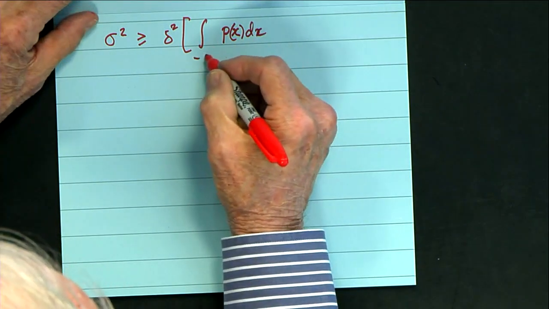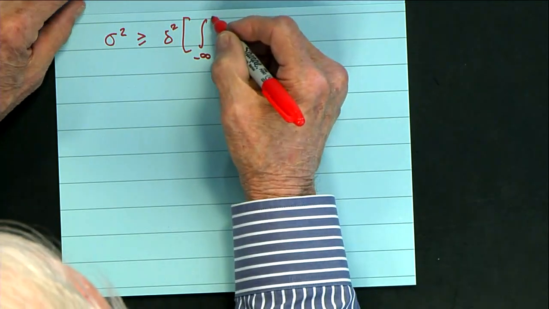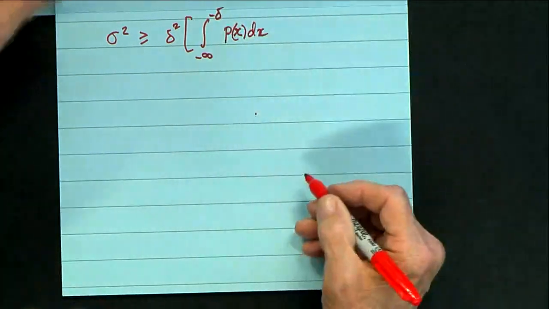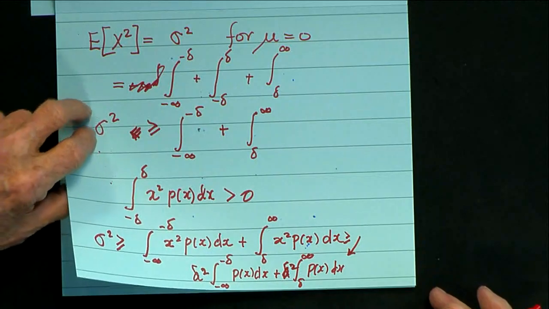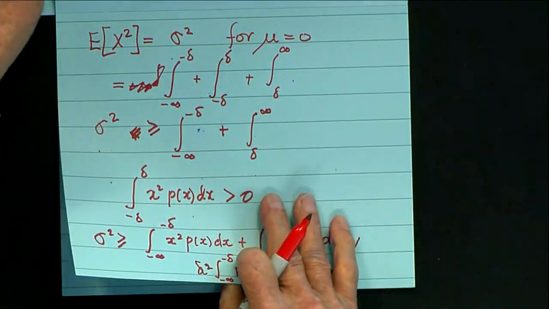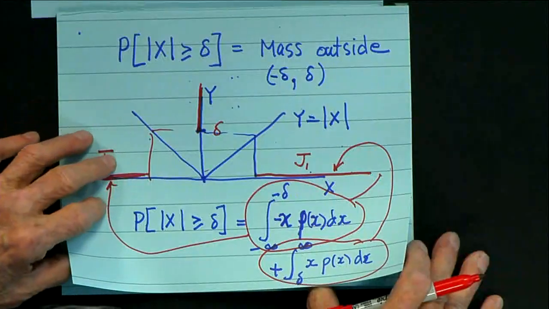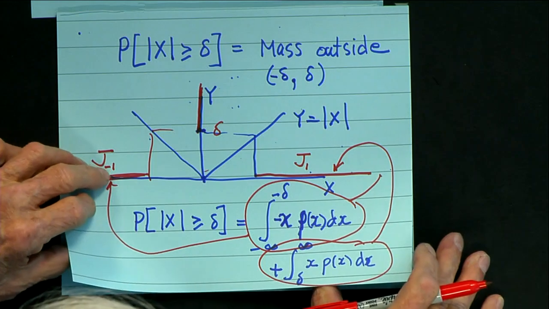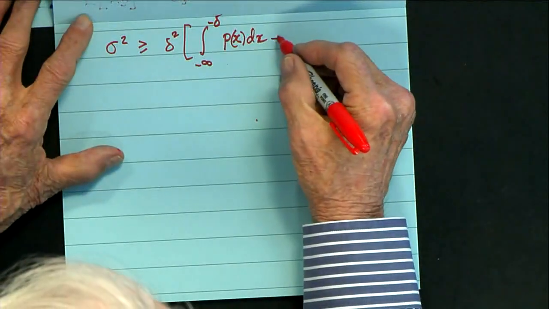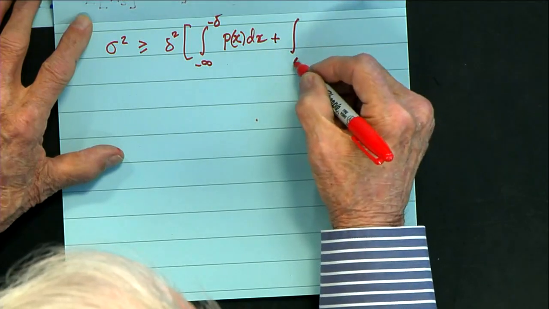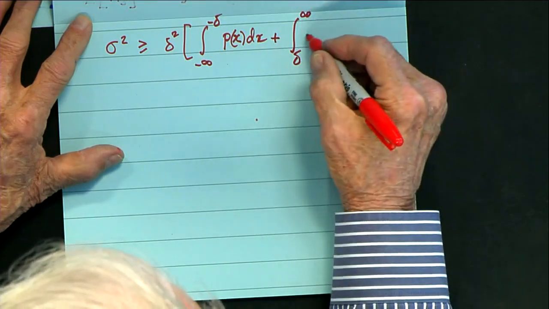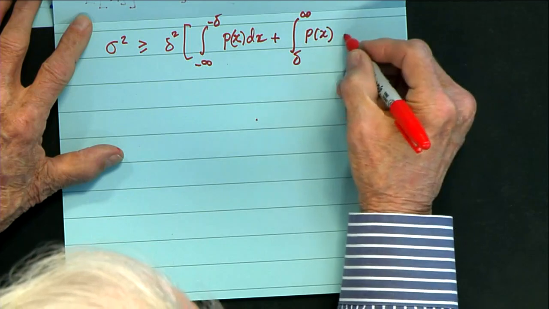One goes from minus infinity to minus delta, and the other one from plus delta to infinity, p of x dx.